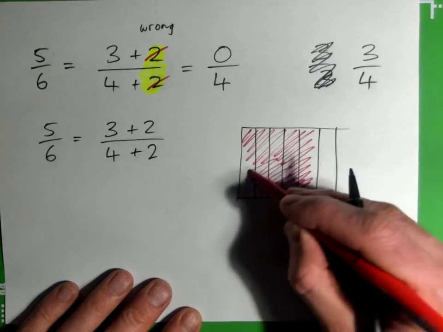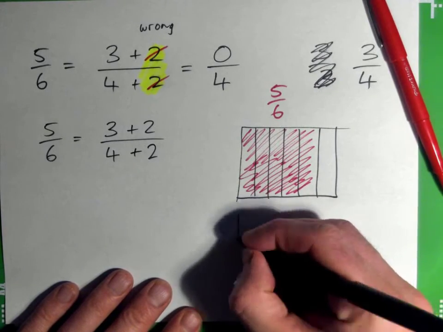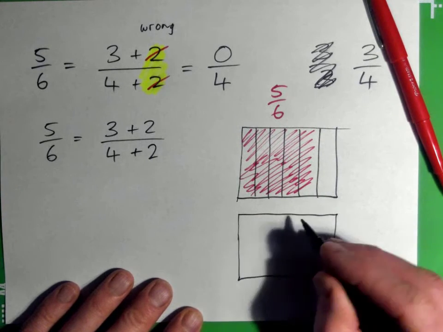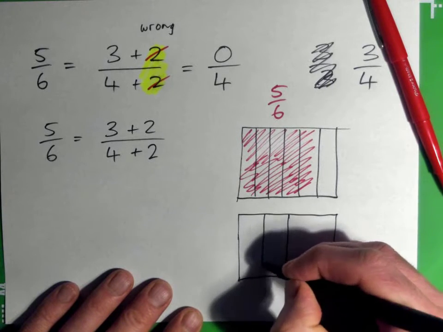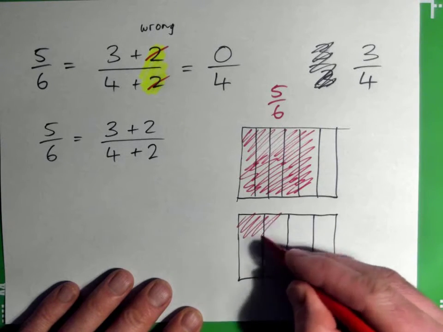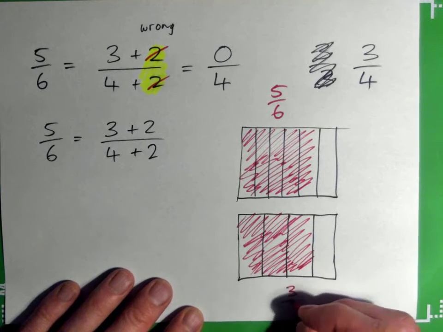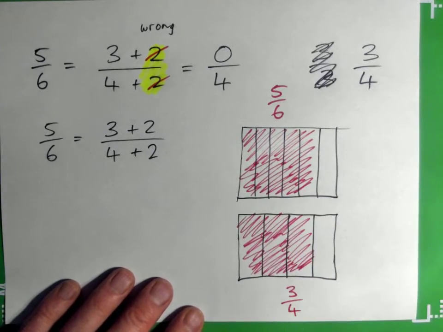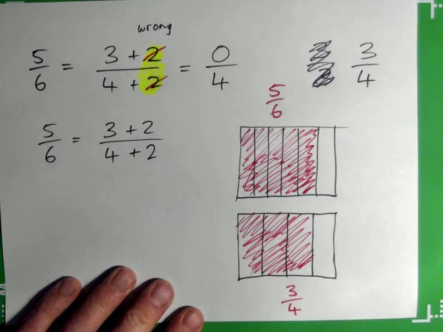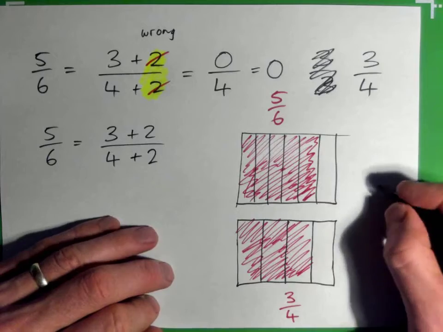It's not 3/4, because if I took that same rectangle and split it into quarters, so there's a half, and here's quarters, right? Now this is 3/4. 1, 2, 3. Those are really not the same thing. Do you know what I mean? 3/4 is not the same thing as 5/6. 5/6 is actually a bit more. And it's certainly not 0/4, because 0/4 is just 0, right? So 5/6, 3/4, 0/4 or 0.